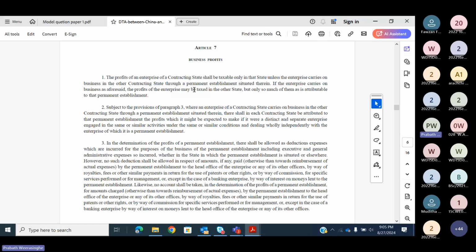But even then, as I explained here, if the branch office is making a royalty payment to the head office, it is not a deductible expenditure. If the branch office is paying interest to the head office, it is not a deductible expenditure as per this article. Okay? Is that clear?